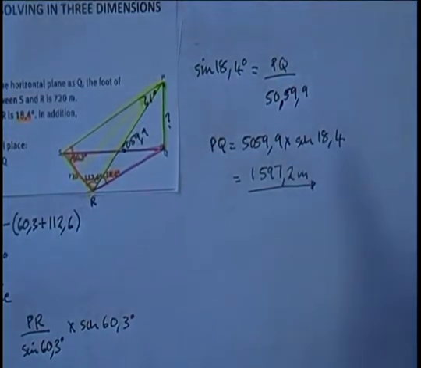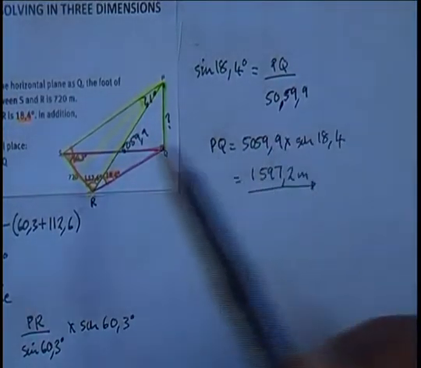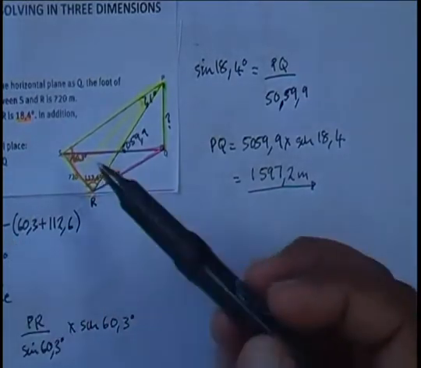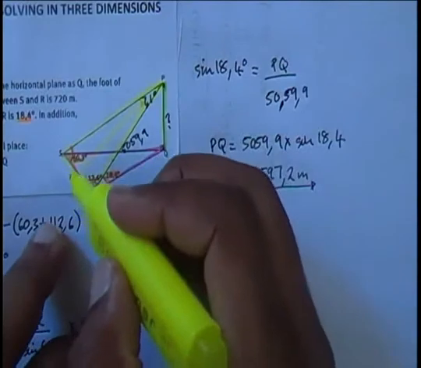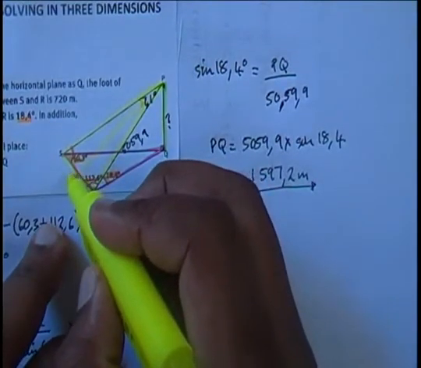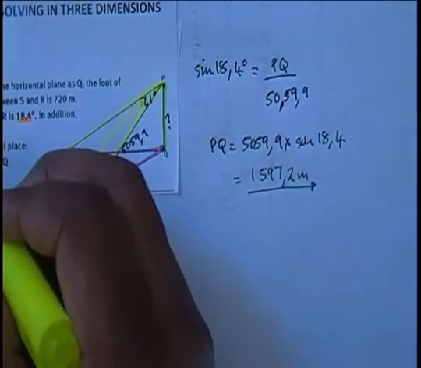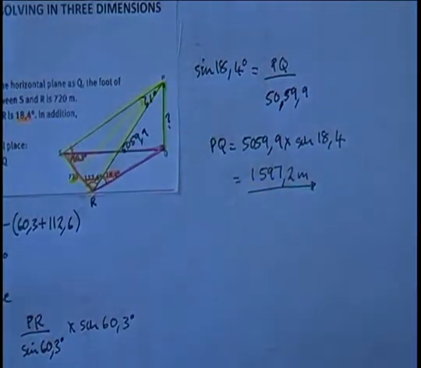Right, what else do they want us to find? They want us to find the area of triangle SRP. Oh, that's the triangle that we had highlighted in this green color. Okay, so that means we're going to have to use our area rule here, right?